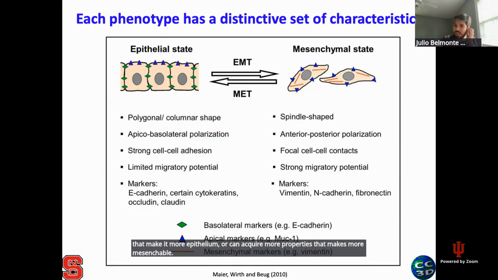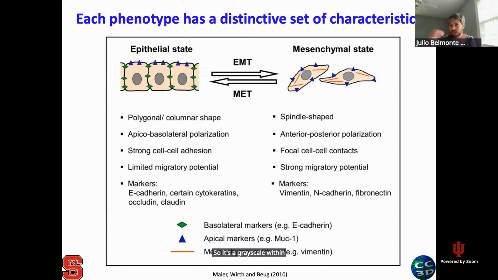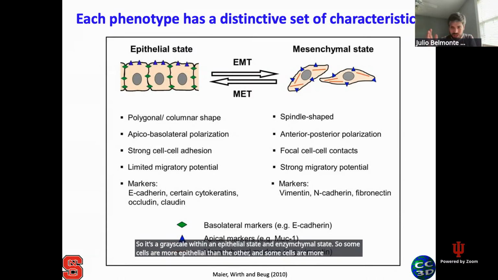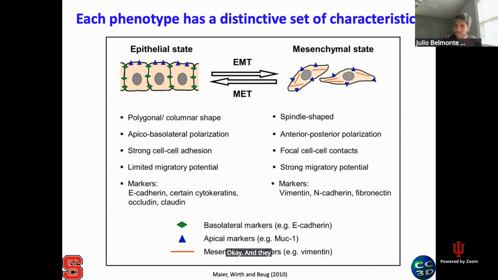So it's a gray scale between an epithelial state and a mesenchymal state. Some cells are more epithelial than others, some are more mesenchymal than others, and a cell can be more mesenchymal in some aspects and more epithelial in other aspects. And they can transition between those two.